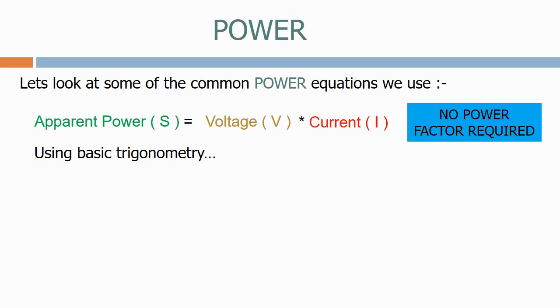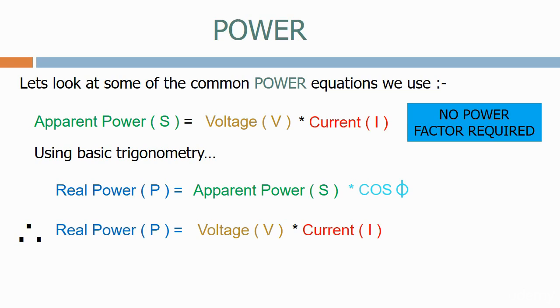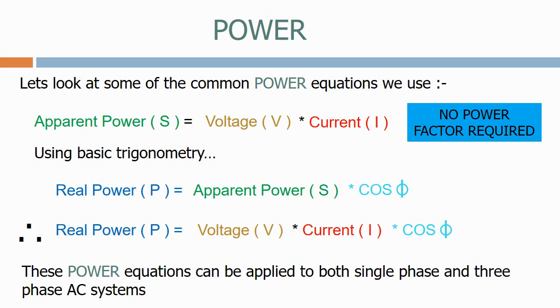Using basic trigonometry, the real power P equals the apparent power S times cos phi, the power factor. Therefore, the real power P equals the voltage V times the current I times the power factor. These power equations can be applied to both single-phase and three-phase AC systems.